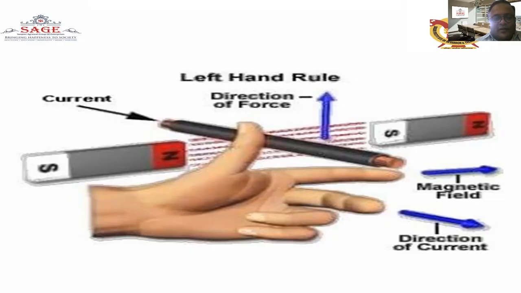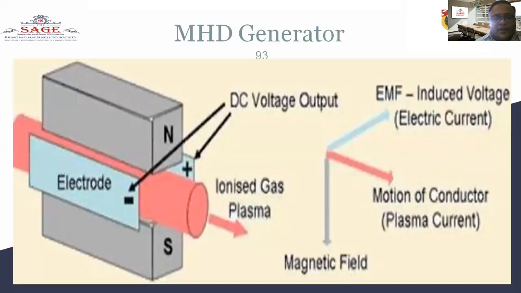The north and south poles are maintained, with two dissimilar electrodes carrying this current. In this pictorial diagram of the MHD generator, the DC voltage output is maintained with plus and minus signs because of the electrodes of dissimilar materials.